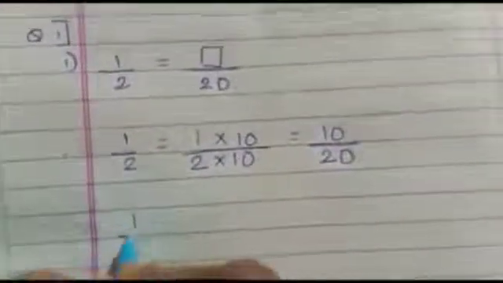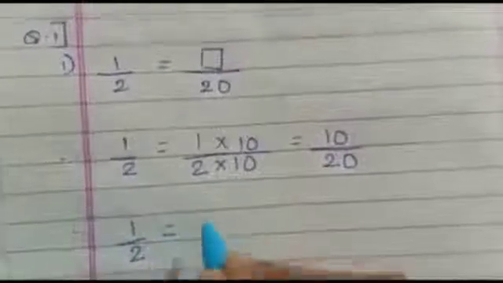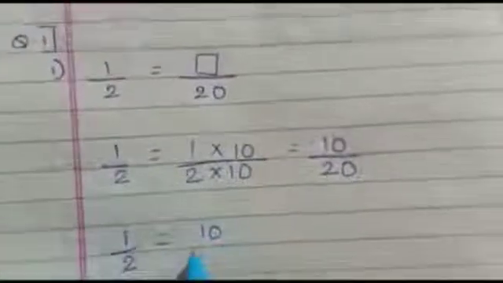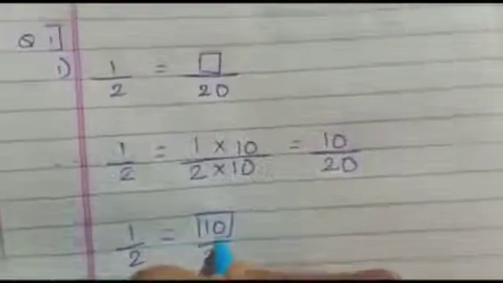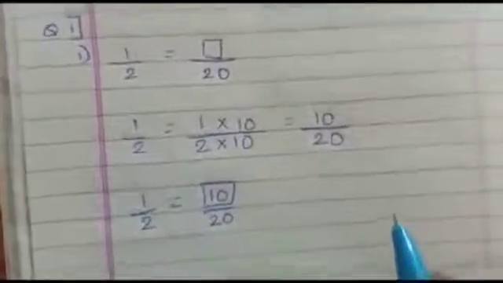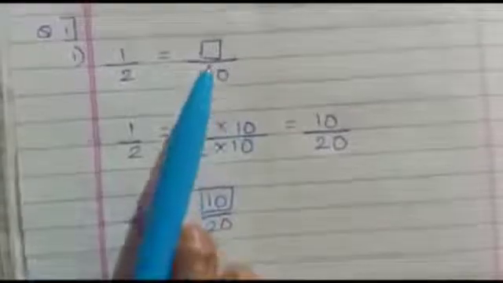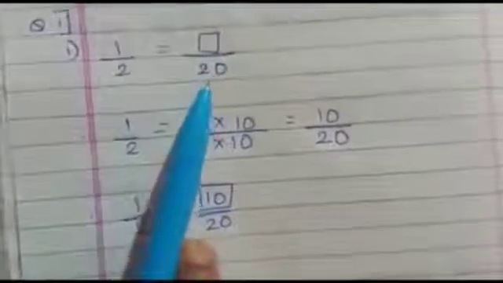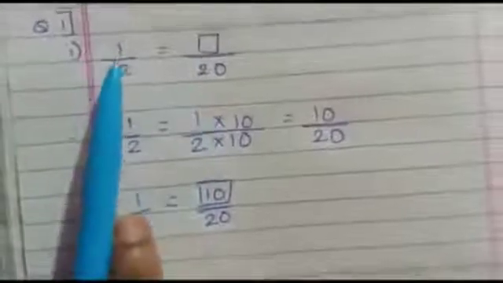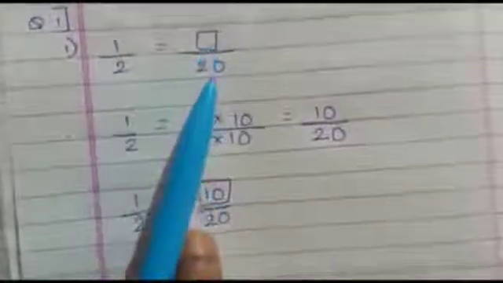Therefore 1/2 is equal to 10/20. You got the numerator. We wanted to find out the numerator, but to find out the numerator we need to look at the denominator.